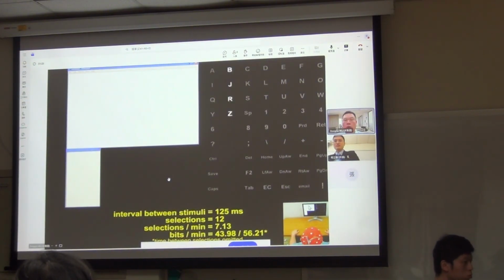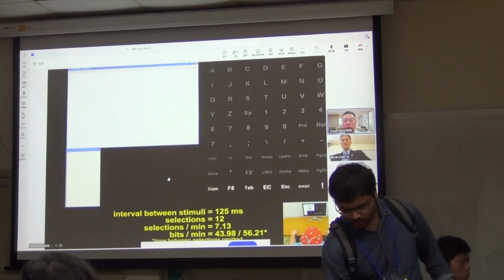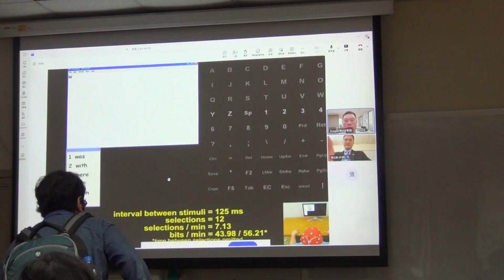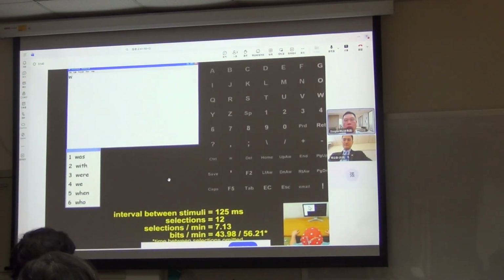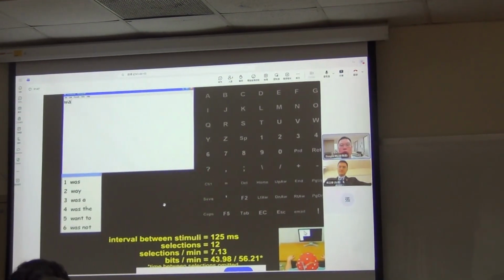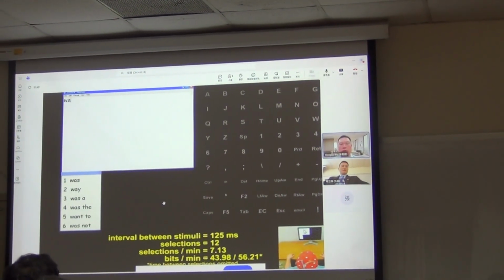Here, each row or column of the keyboard is flashing randomly, and when the user wants to input a certain character, they also need to stare at that character when the row or column containing that character is flashed. Generally, we can observe a P300 signal in the user's EEG signal.